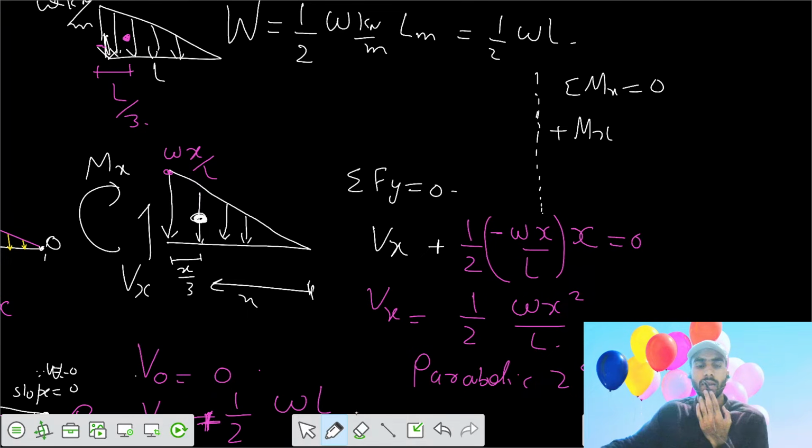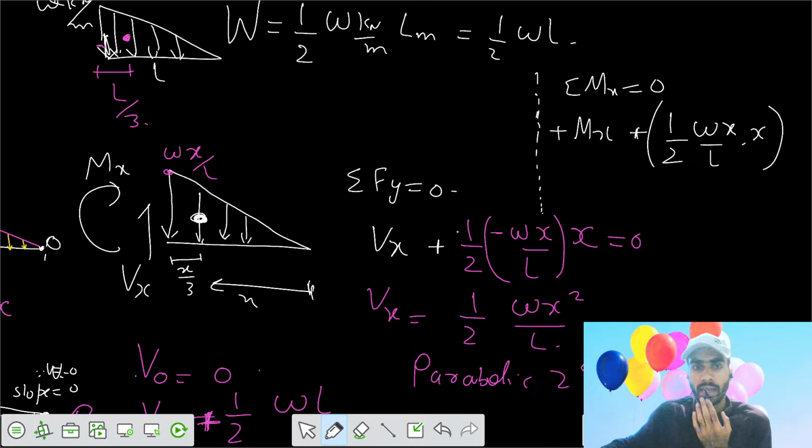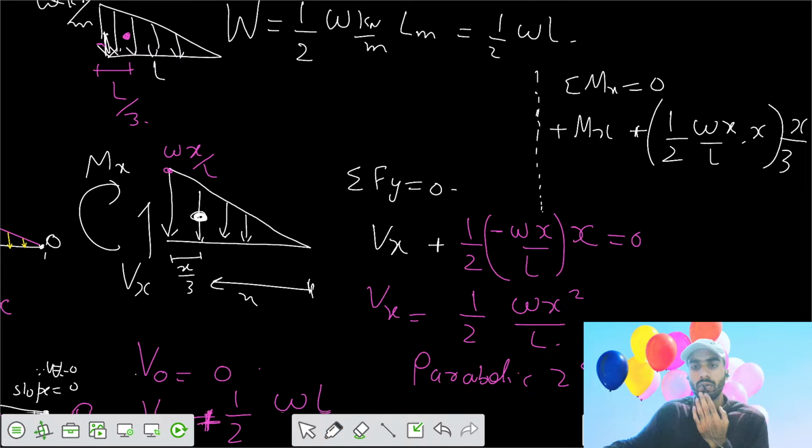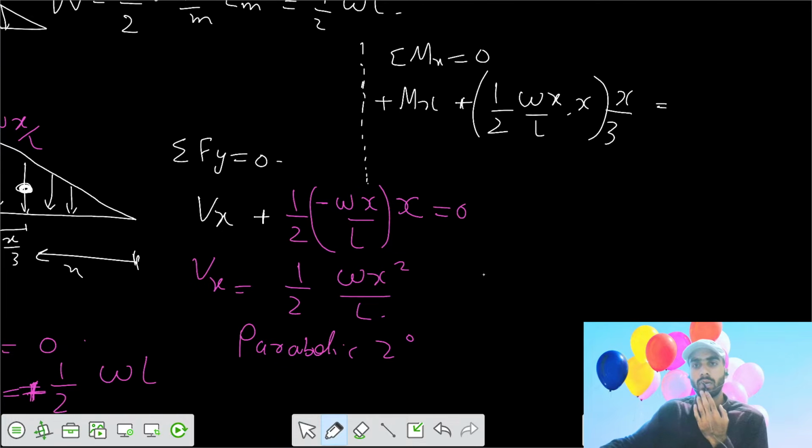The clockwise moment of the area of the triangle is half of W x by L into x, and this load acts at x by 3 from the section. So the moment acts anti-clockwise, and Mx equals minus Wx cube by 6L.